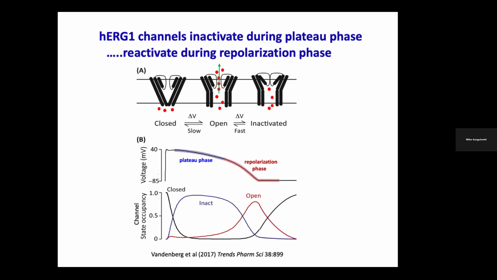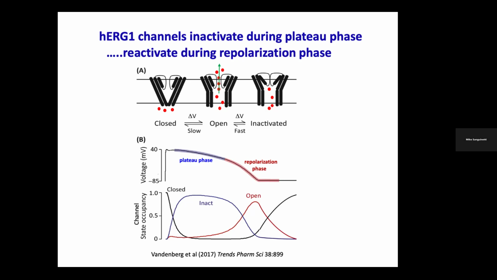But instead, the channels are primarily in an inactivated state, not in an open state, at these high voltages, because they go through this little tiny transformation you can barely see here, where the selectivity filter collapses a little bit and doesn't allow potassium ions to go out, so it doesn't conduct current.